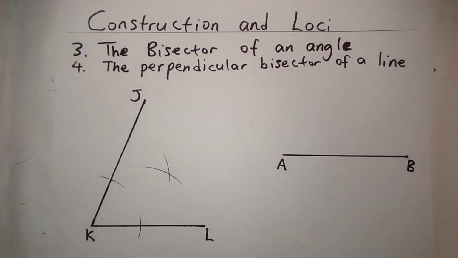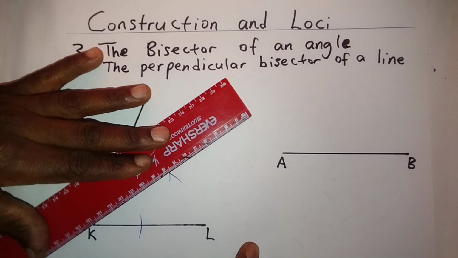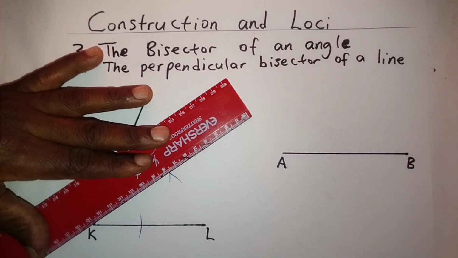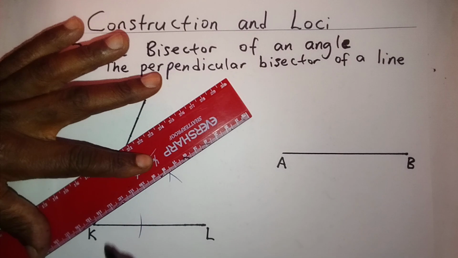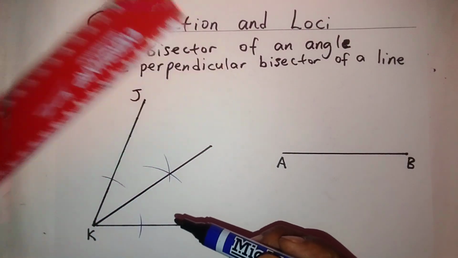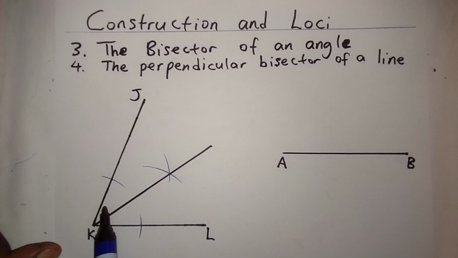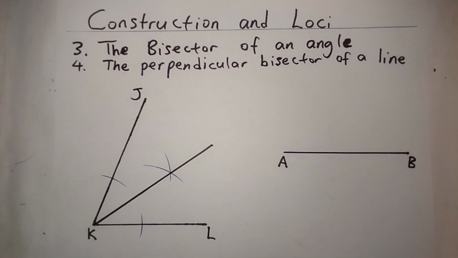After that, I'll join the point of intersection of the arcs to K, like this. Okay, so this is the bisector of angle JKL, meaning if this one is 30 degrees, this one will also be 30 degrees in size.